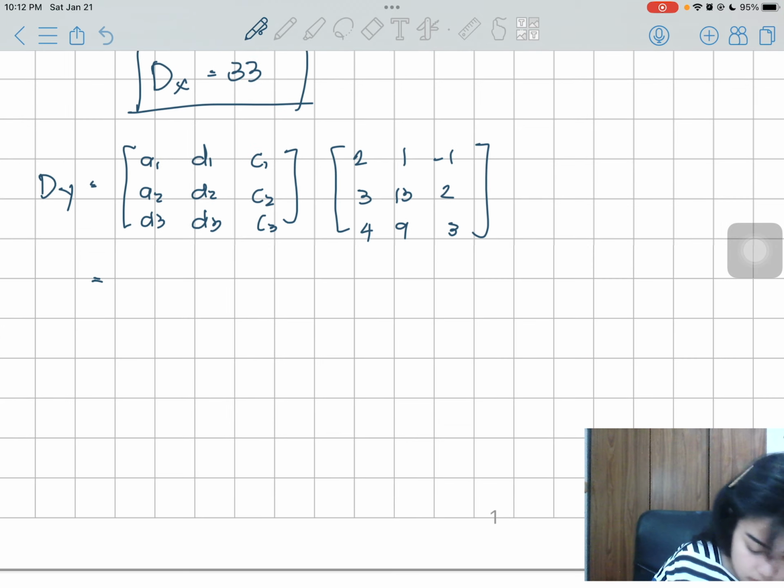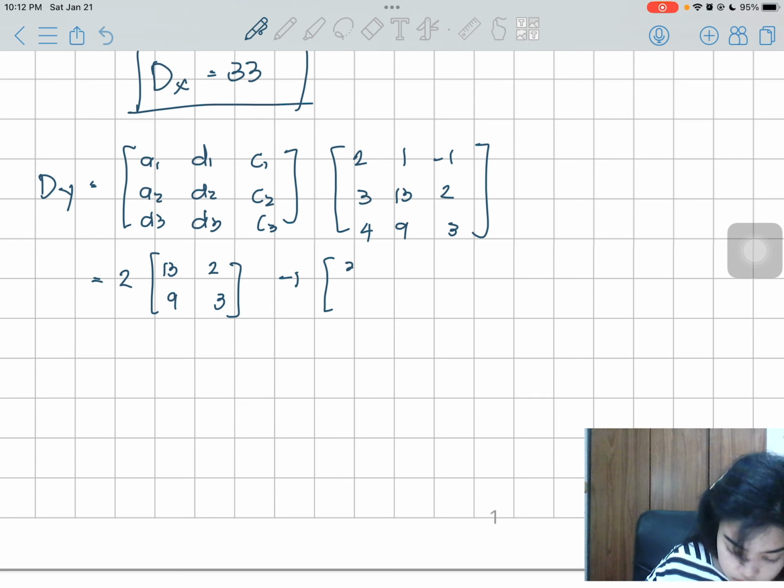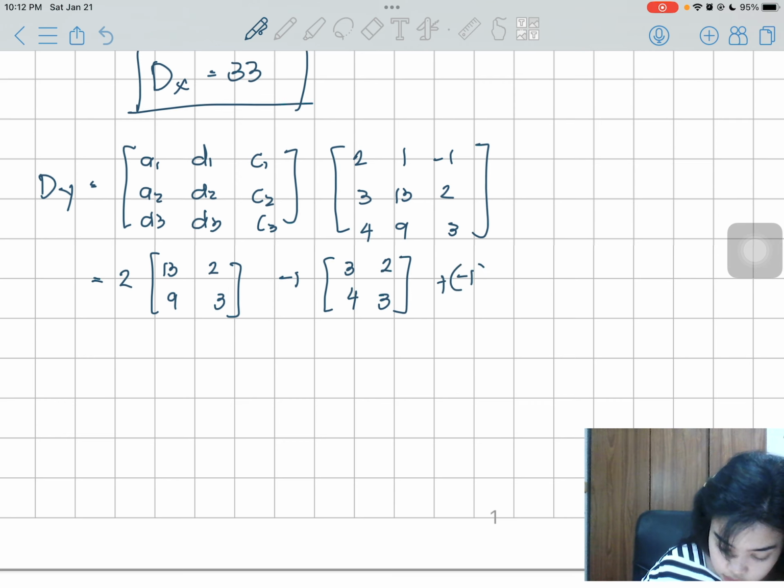It equals 2 times 13, 2, 9, 3, minus 1 times 3, 4, 2, 3, plus negative 1 times 3, 4, 13, 9.